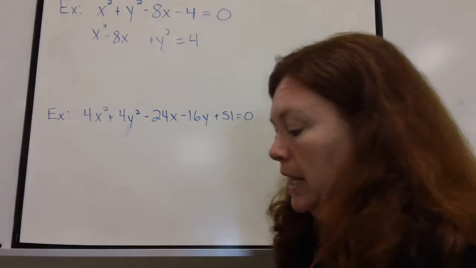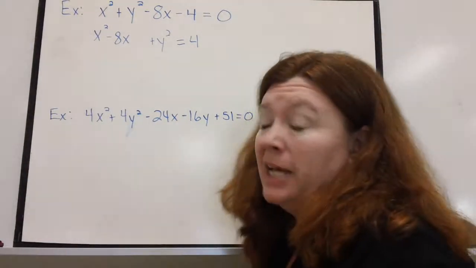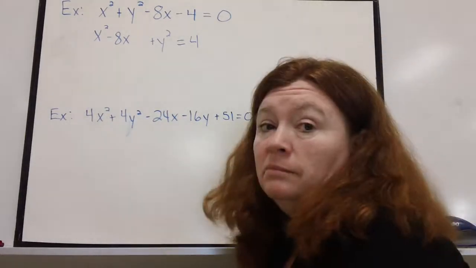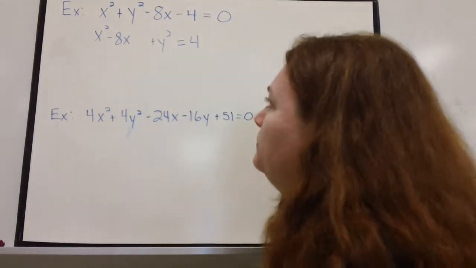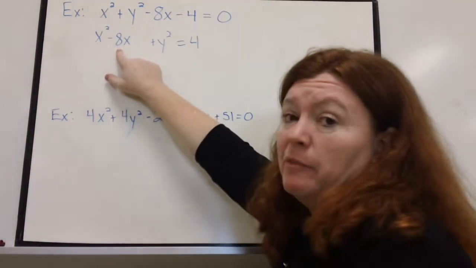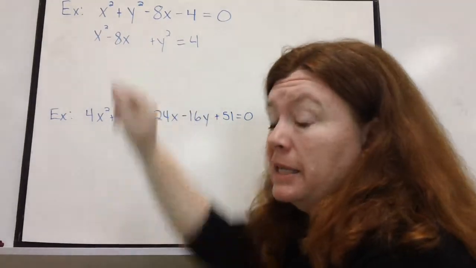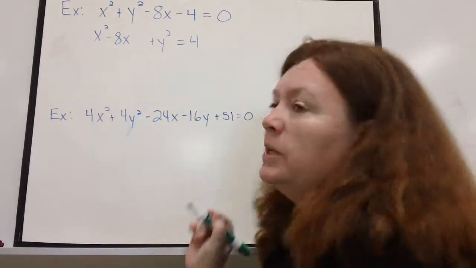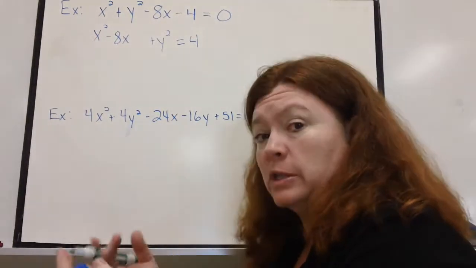Well, when I take my next step, which is factor out A, again A is a 1, so I can kind of skip that. I don't need to factor out or divide everything by 1. So next step is I'm going to take half of b, which is -4, square it, and get a positive 16. Notice that the directions for that step were add equal values to both sides.